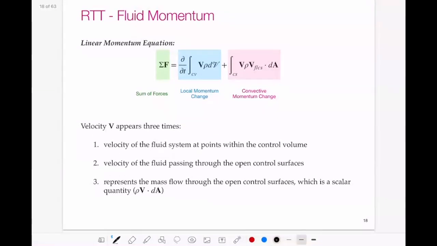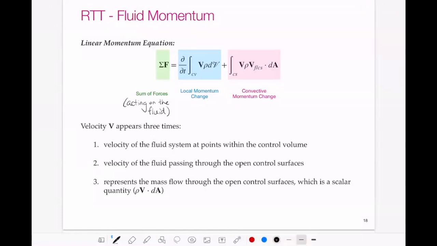So this, on the left-hand side, is the sum of the forces acting on the fluid, is equal to the local momentum change within the control volume and the convective momentum change.